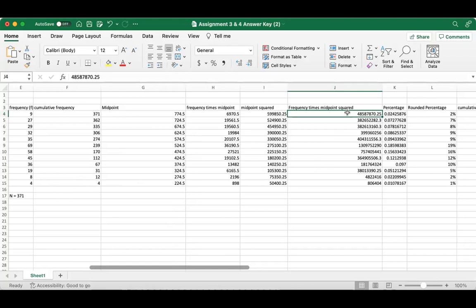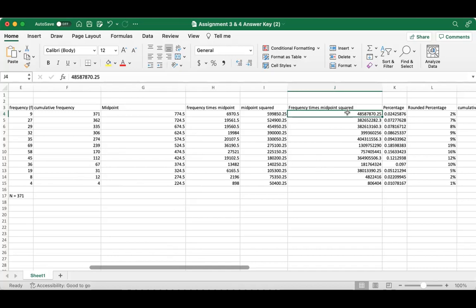Frequency times midpoint squared, so it'd have to be equals E2 times G2, right? Times I. Yeah. Frequency times midpoint squared. Oh, that should work in theory. Should be equals E2. That's like extra steps in the math, though.